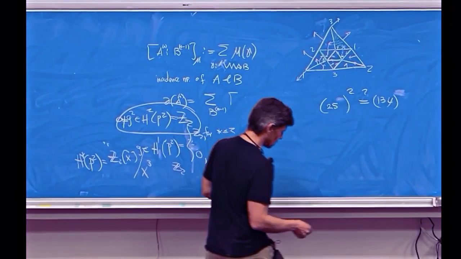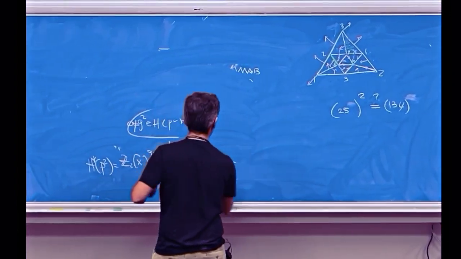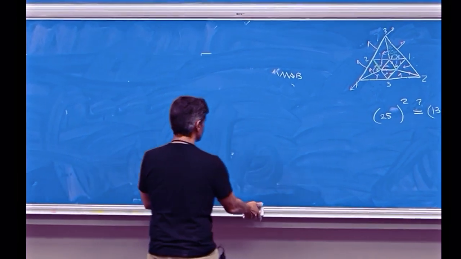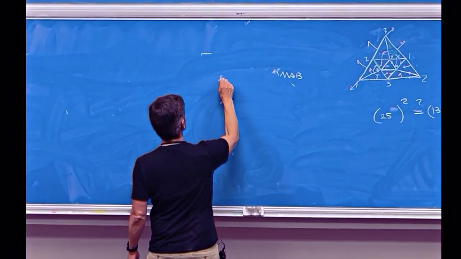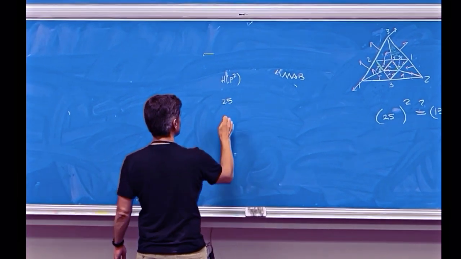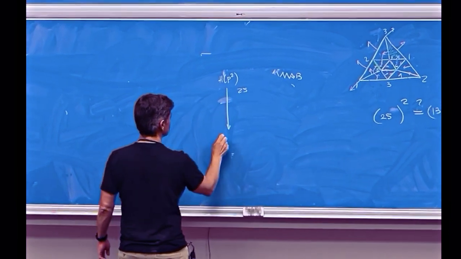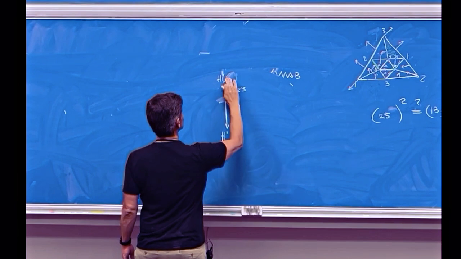So let me rewrite this. So e1 dual lies in the cohomology 1 of P2. This is the generator. And there is an isomorphism into the cohomology 1, let's say a la Morse.